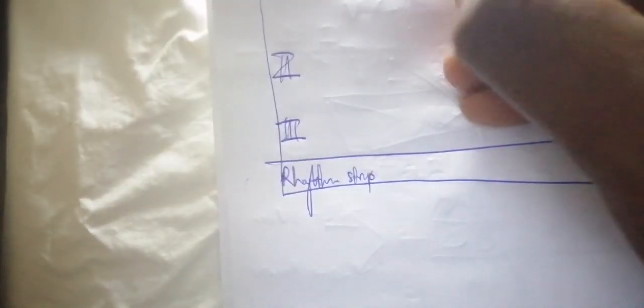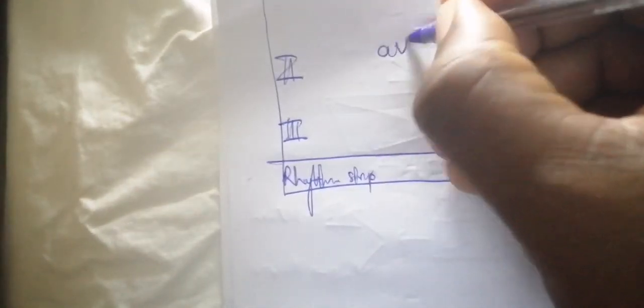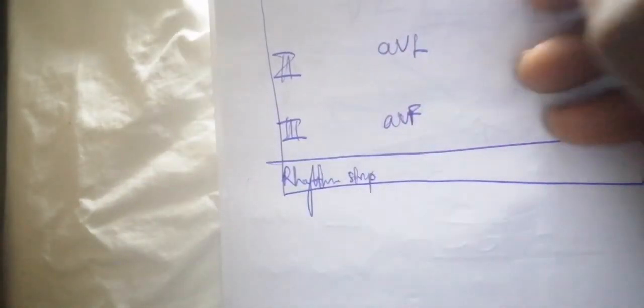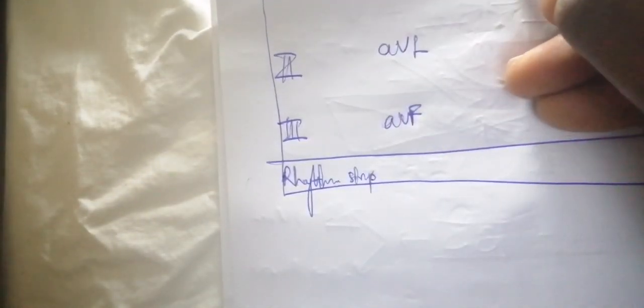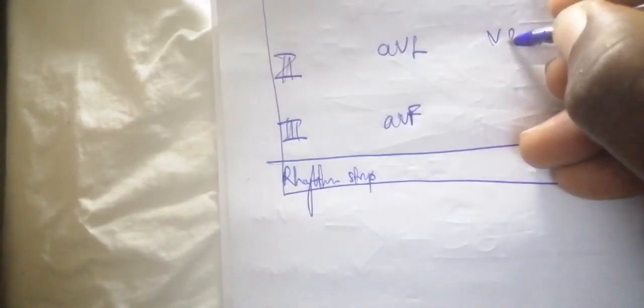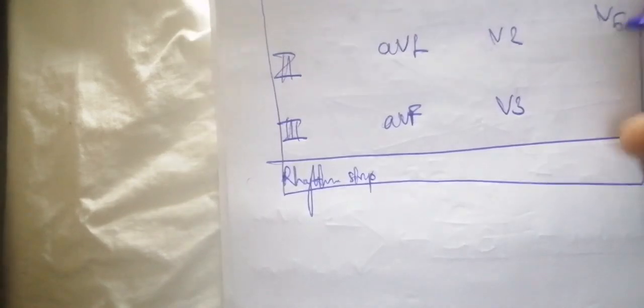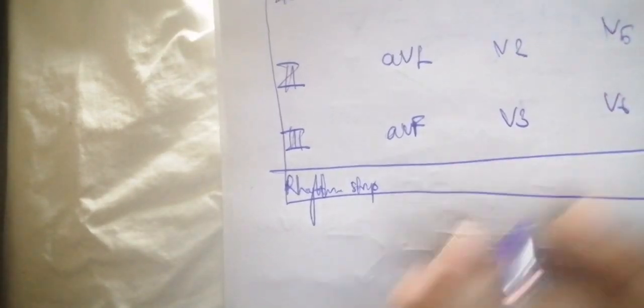Now, the next one is going to be your AVR. AVR is going to be located here. The AVL is going to be located here, and the AVF is going to be located here. So you're going to have different representations. Now, you have the next one. V1 is going to be located here. V2, V3 are going to be located here. You have V4, V5, and V6. Is it clear?